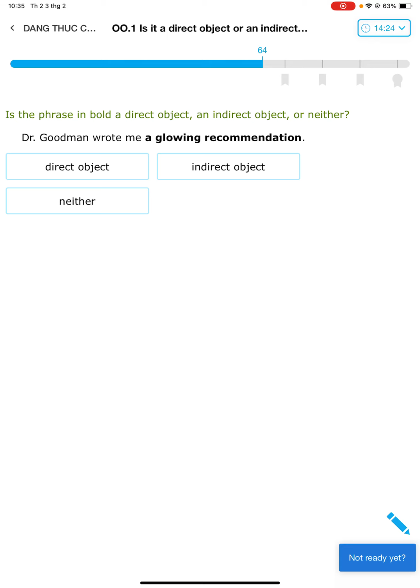Me would be an indirect object because Mr. Goodman is writing glowing recommendations for me. Glowing recommendations is the direct object, and wrote is the verb, so me is standing between the verb and the direct object. So me is an indirect object, and glowing recommendations would definitely be a direct object.